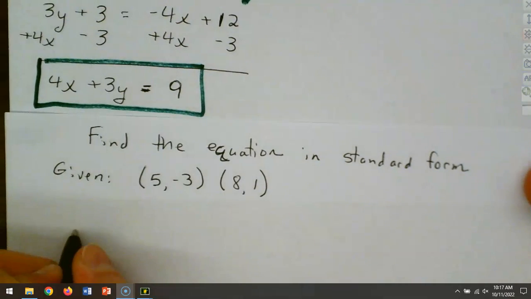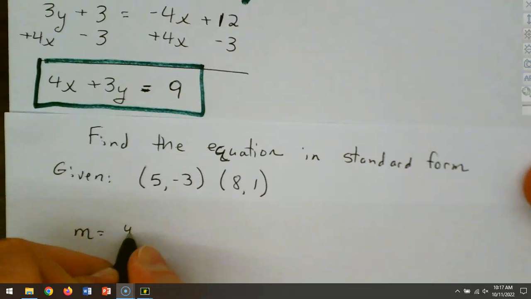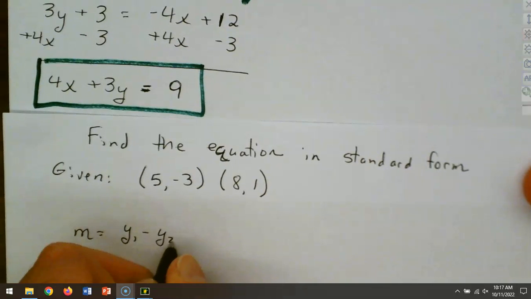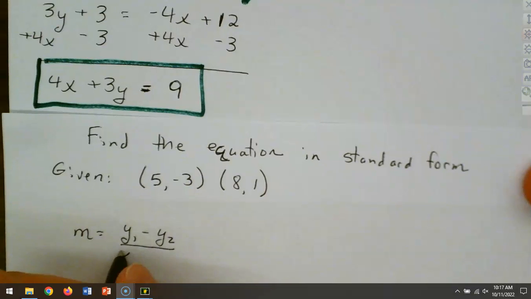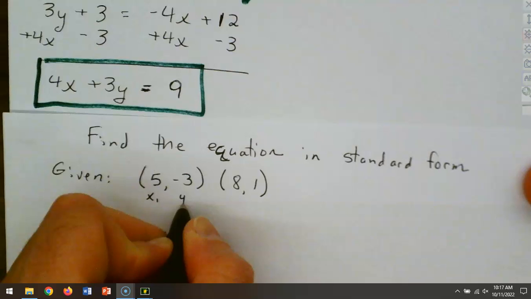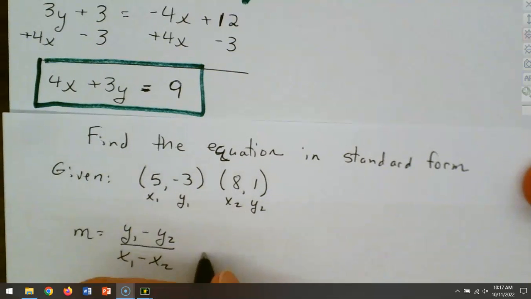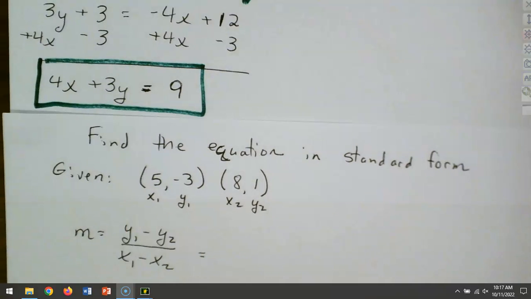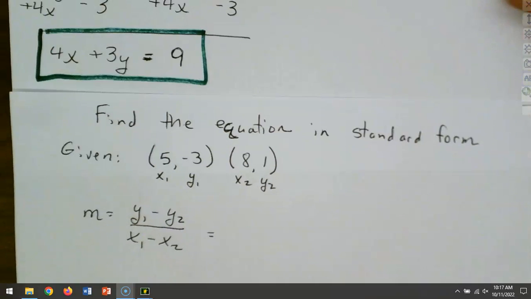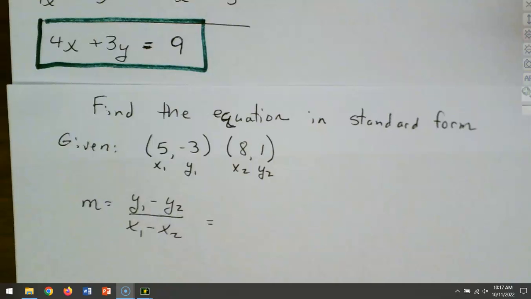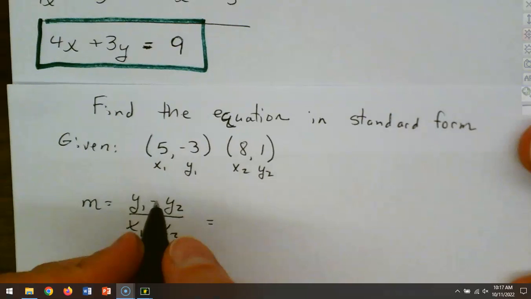So our formula is m equals y1 minus y2 over x1 minus x2. And this is x1, y1, x2, and y2. So go ahead now and fill in your formula. Again, watch out for double negatives if you have any.